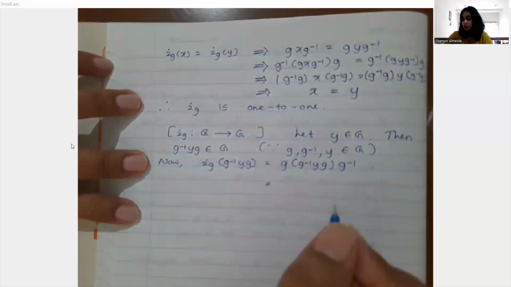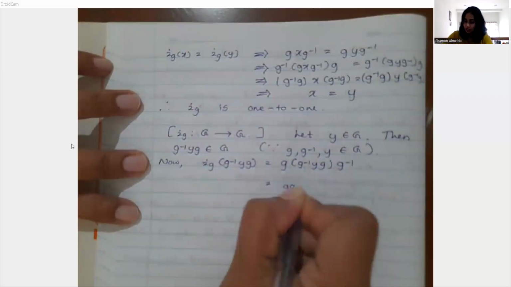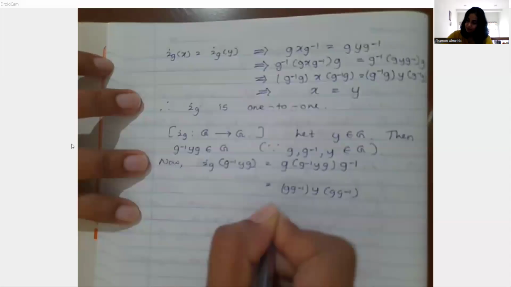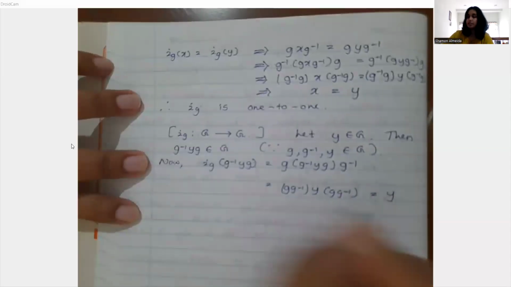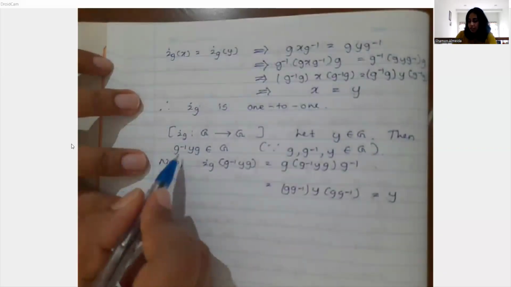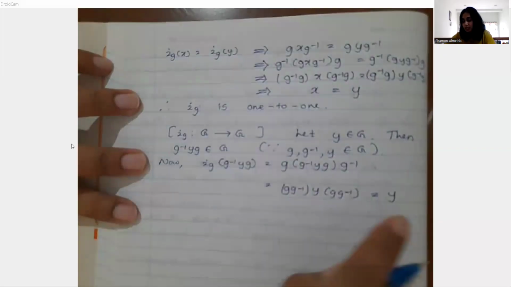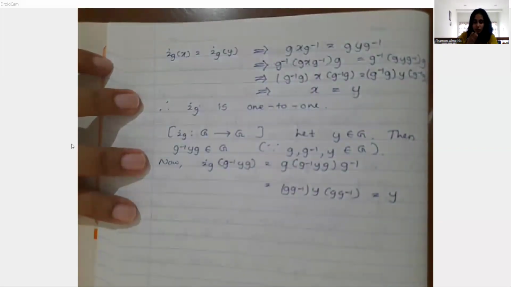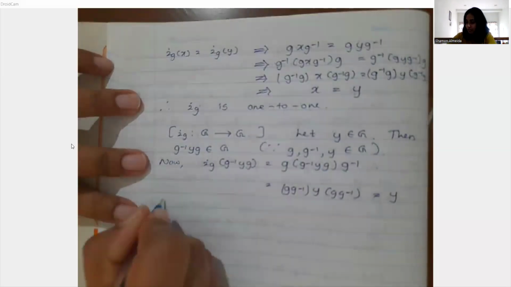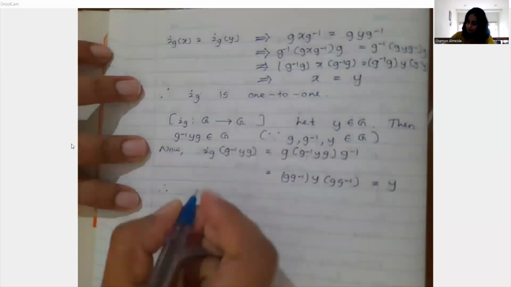Now we use the associative property to get this. This is equal to what? y. So for any element y that you take from G, G inverse yG will be mapped to it through the mapping I sub G. Therefore, this is an onto function, by definition of an onto function.